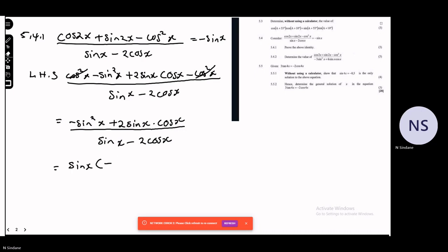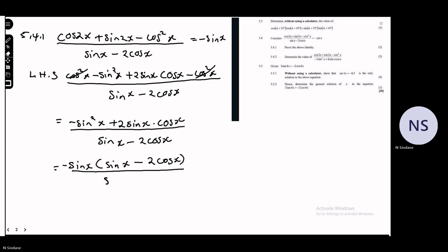To avoid that negative, let's take out a negative sign. Then this will be sine of x minus 2 cos of x over sine x minus 2 cos of x. Therefore, this will cancel that. Then our solution is negative sine of x, which now we can see that this and that are equal. Therefore, left hand side is equal to your right hand side.